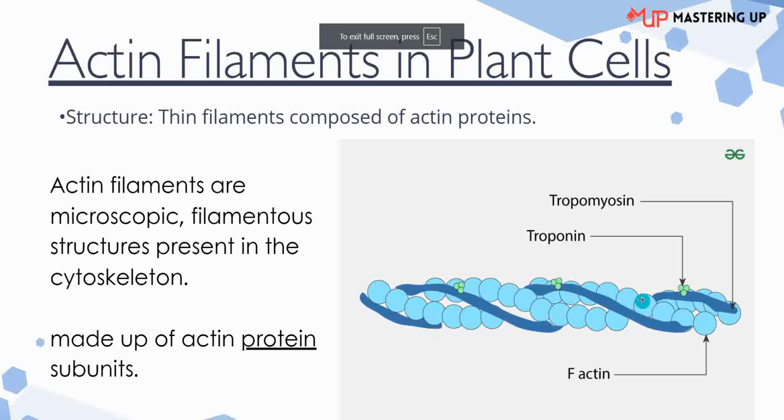Move on to the next slide, which is what is actin filaments. First of all, actin filaments, which are also known as microfilaments, are dynamic structures that are made up of actin protein subunits.